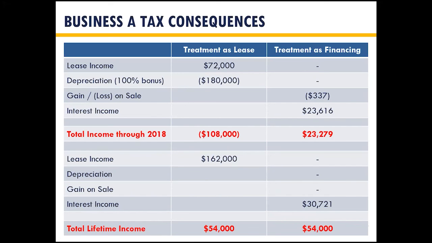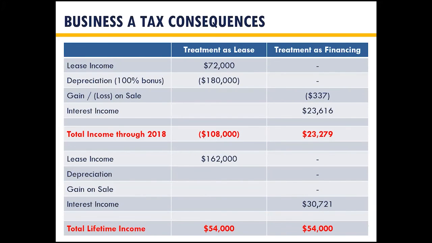So at the end of the day, we're both going to get to the same overall tax impact for this transaction. But as you'll see from treating this as a lease, one of the main benefits for business A is the cash tax savings of being able to accelerate those deductions and push the income towards the end of the lease. In contrast, if this is treated as a financing transaction, the overall income or loss is relatively flat over the term of the lease. We'll have a small loss initially on the sale.